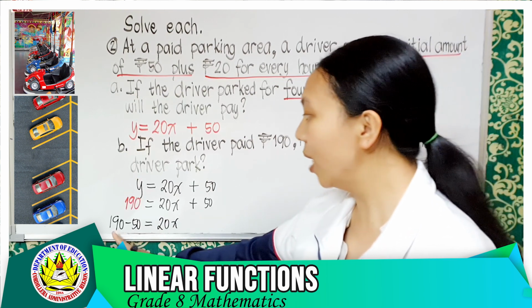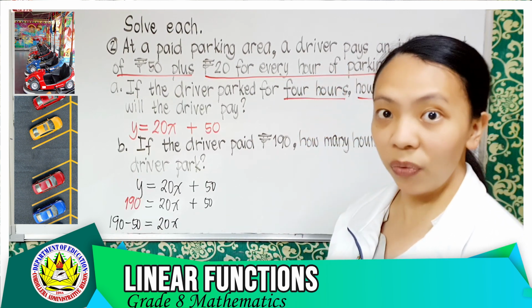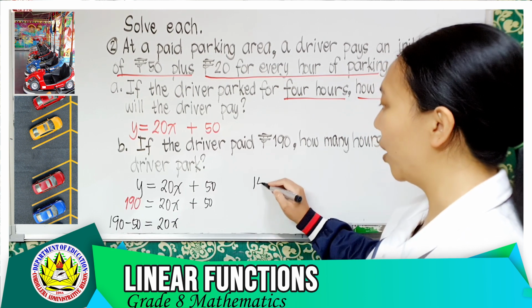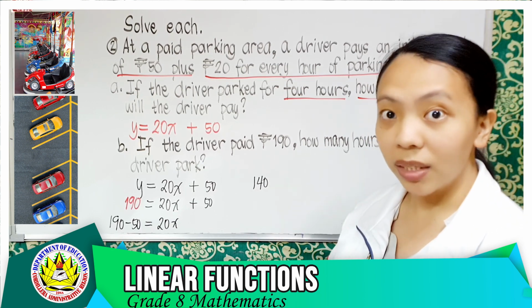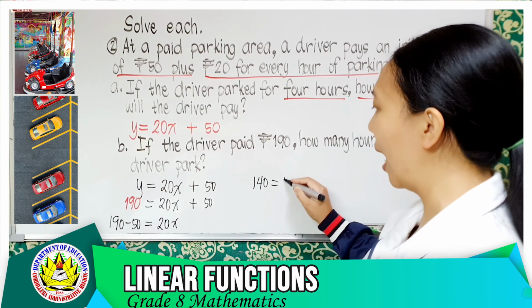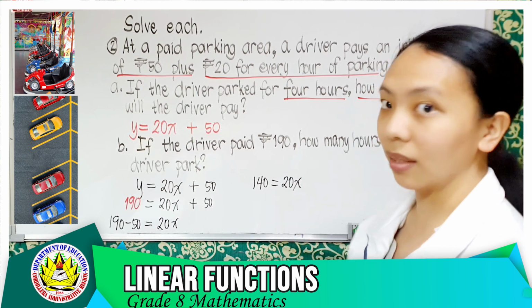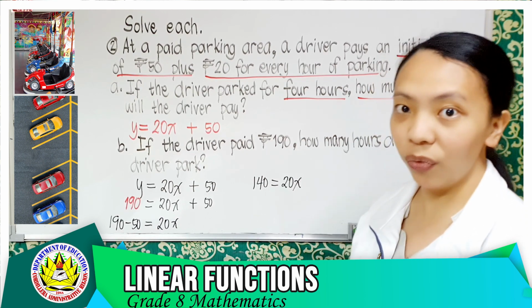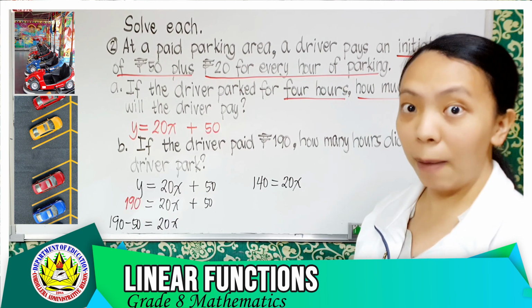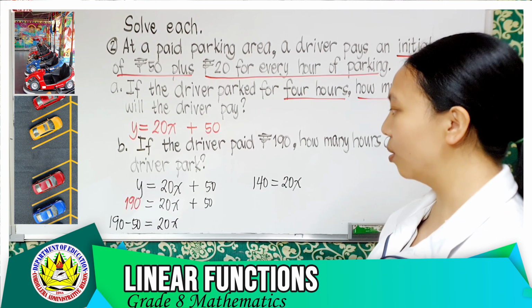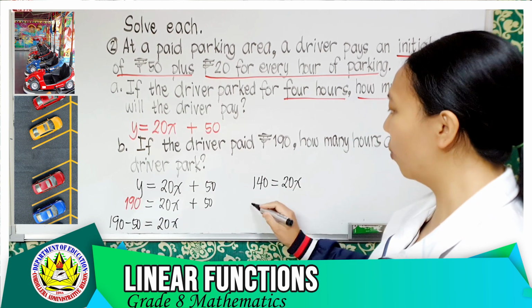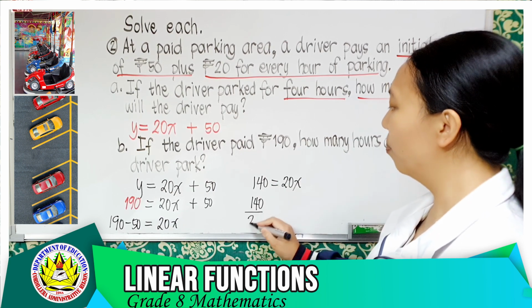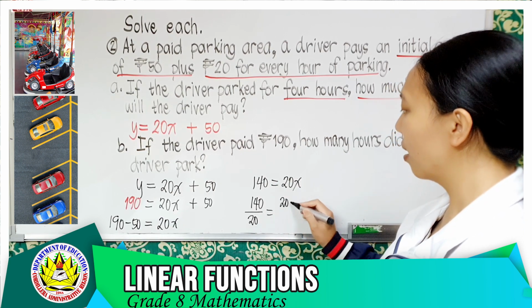The left side of the equation, when simplified, is equal to 140. The right side of the equation remains as 20x. We need the value of x, so we apply MPE. We are going to divide both sides of the equation by 20.